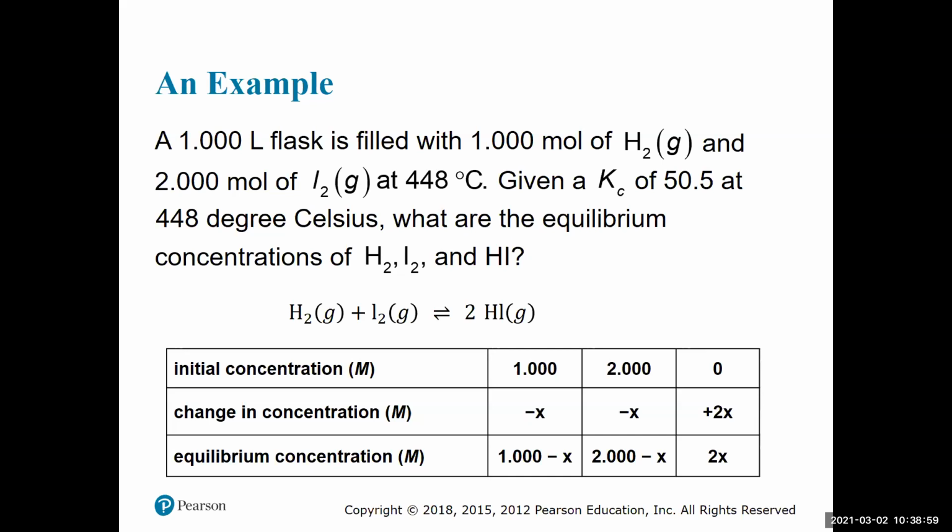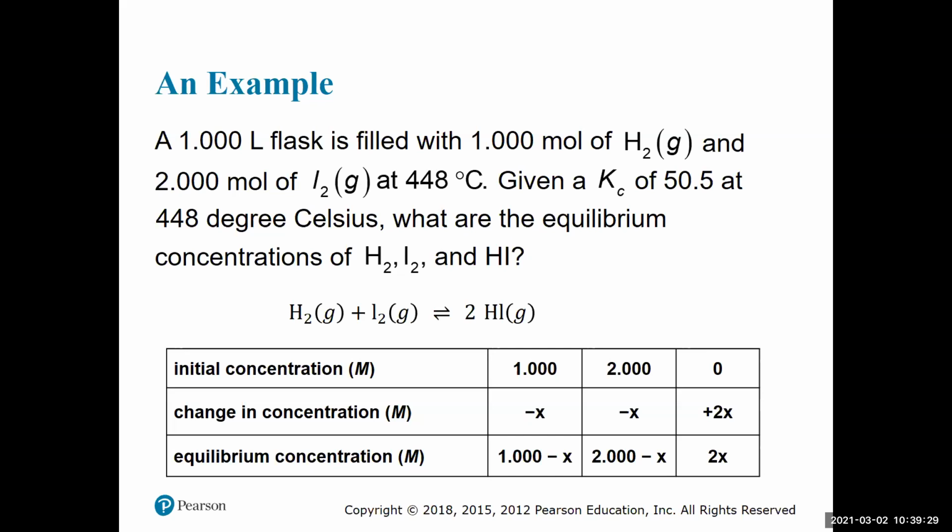So over here on the left-hand side, we have initial concentration, and that's expressed in moles per liter, molarity. We have a change in concentration, and then we have the equilibrium concentration. So that's what each of these rows are going to represent. They're all molarity, moles per liter. And so in the columns, the first column is the H2 concentration, second one is I2, and then the third one is HI.